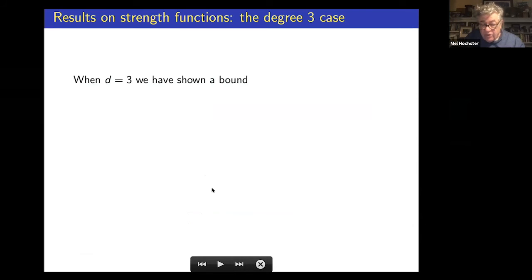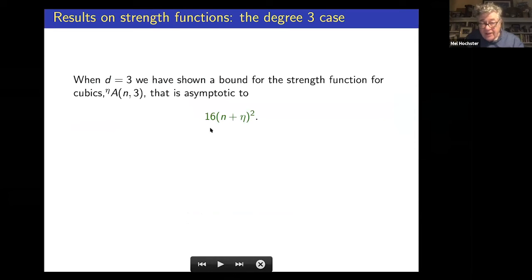And when D equals 3, things are also not too bad. We want a strength function for cubics, and the one we have is at worst 16 times n plus eta squared. So if there's no eta, just 16n squared. And in fact, we only need 16 in characteristic 2. We can use 8 in any other characteristic.